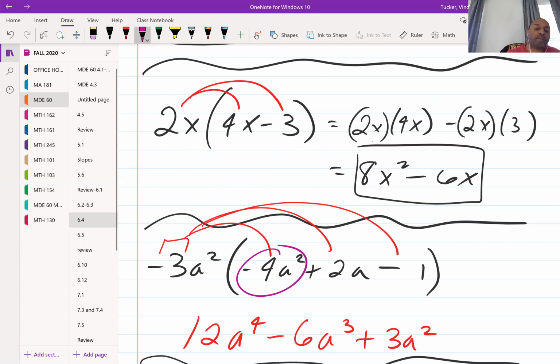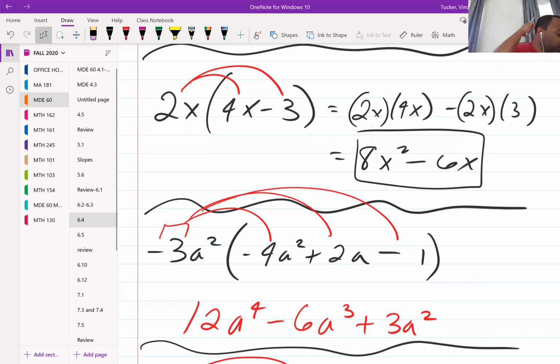A to the second times a to the second, you add your exponents, that's a to the fourth. Negative 3 times 2 is negative 6. A to the second and a to the first. Add your exponents. That'll be a 3 for your exponent. And then negative 3a squared times negative 1 is just positive 3a squared.